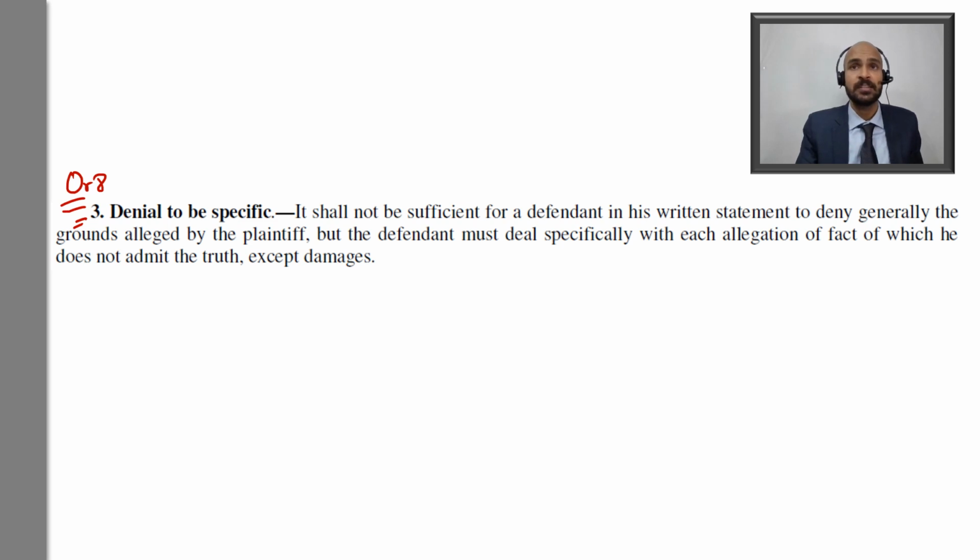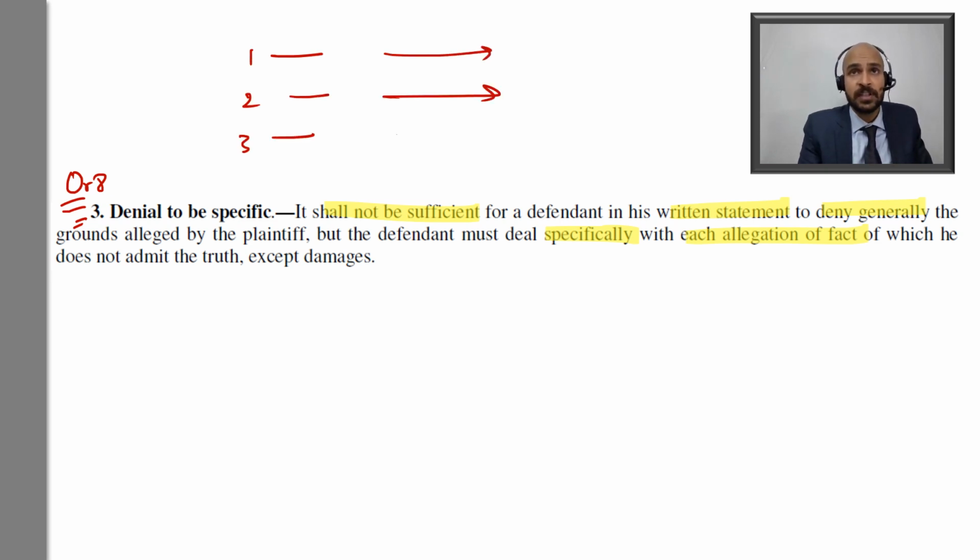It will not be sufficient if you deny generally. The denial has to specifically deal with each allegation of fact, which means that when you look at the plaint and it contains 1, 2, 3, you are to specifically address each one of these in the written statement individually.